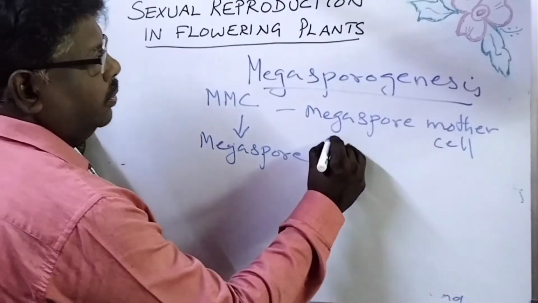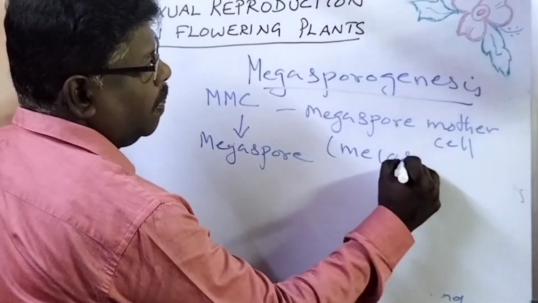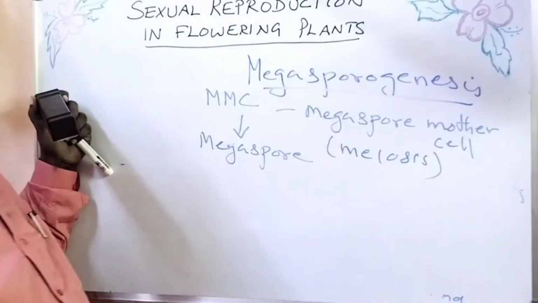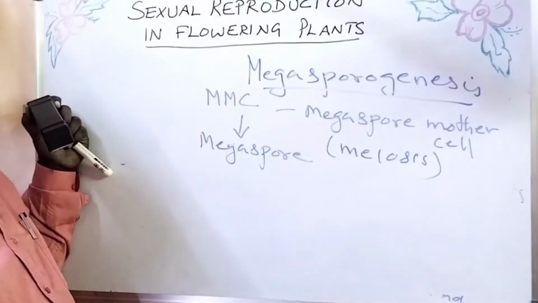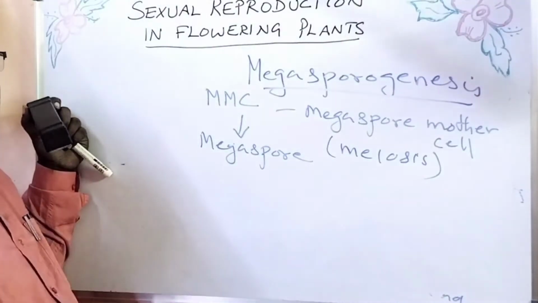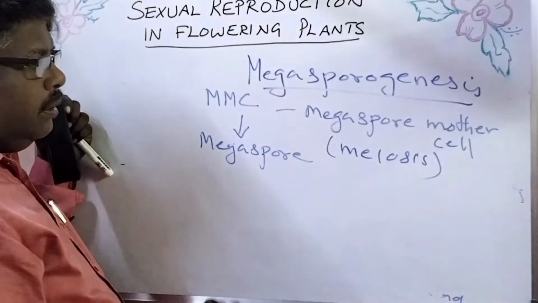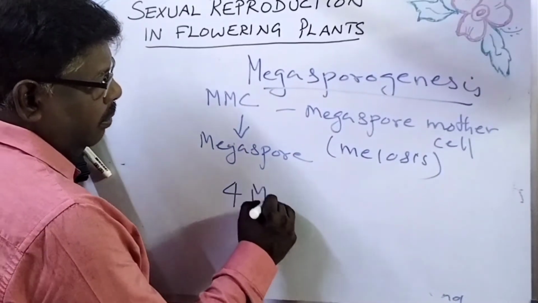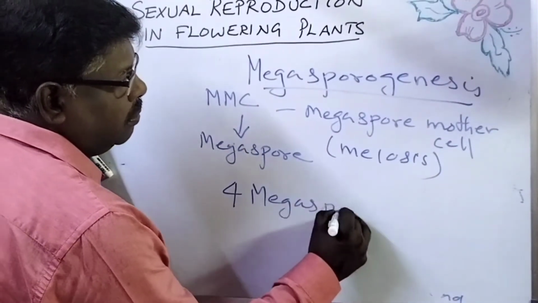We all know that meiosis is reduction division. So after meiosis, the megaspores are produced. Actually, 4 megaspores will be produced.